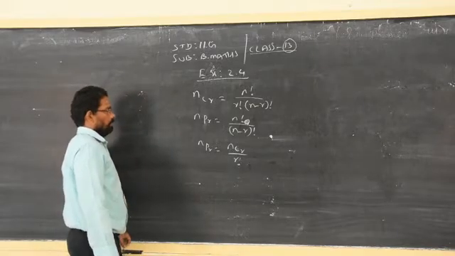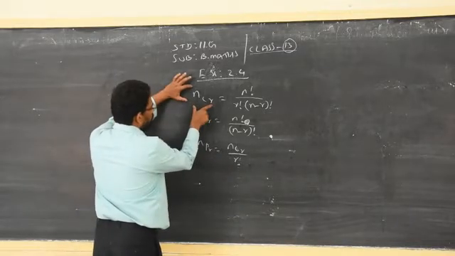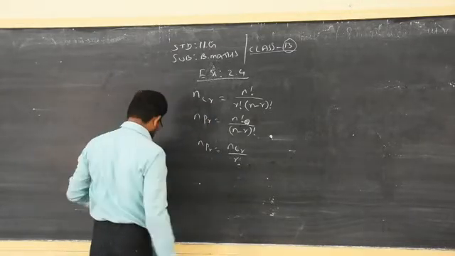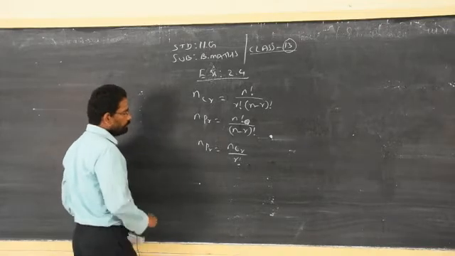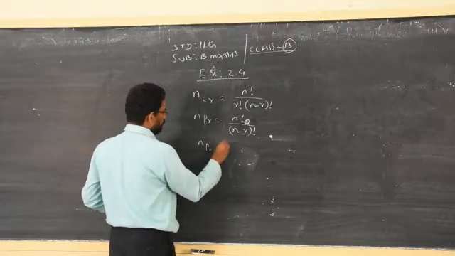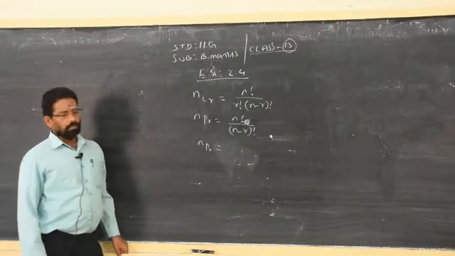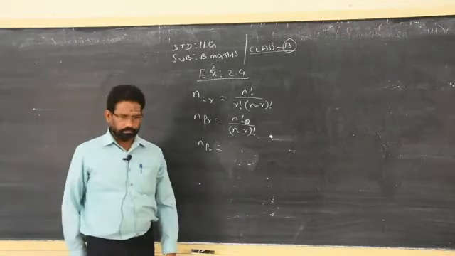Is it correct or wrong? If you divide this by r factorial, will you get NPR? No, you will not get. Then what is the relation? How do you get NPR from NCR? Whether you have to multiply or divide.